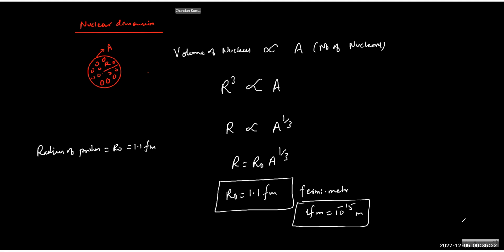Okay. So we'll talk about density. These are small calculations one should be aware of. Because nucleons are close together, no matter which element you choose, inside the nucleus of that element you will get only nucleons. But what will happen to density? Will it be the same or different for every element?